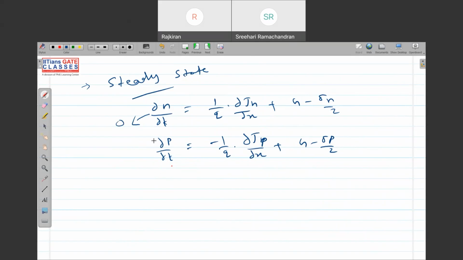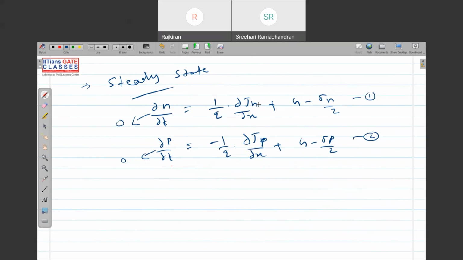This is also equal to 0. This is equation 1, and this is equation 2.